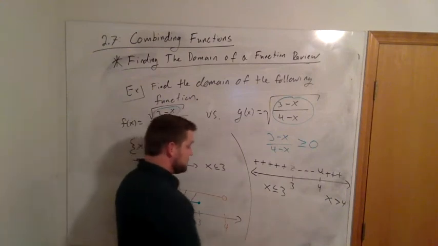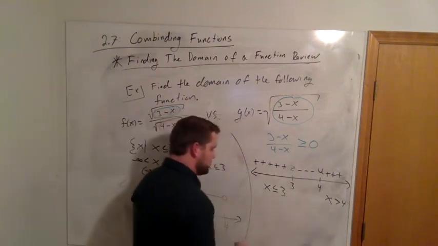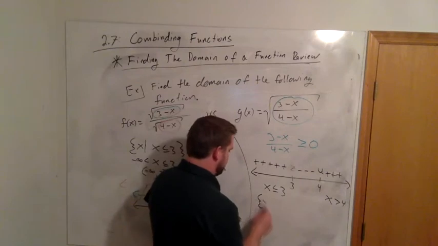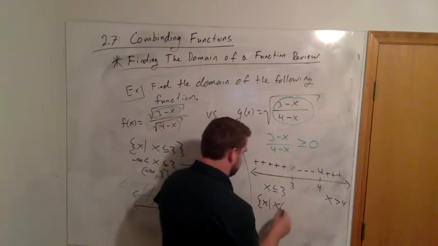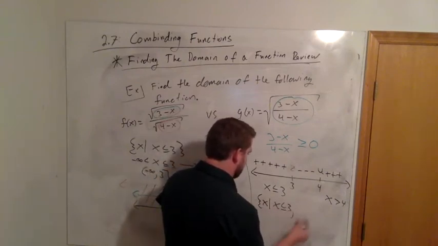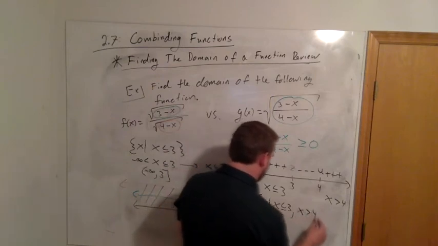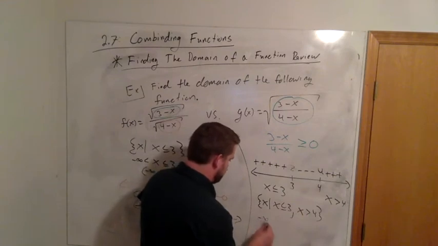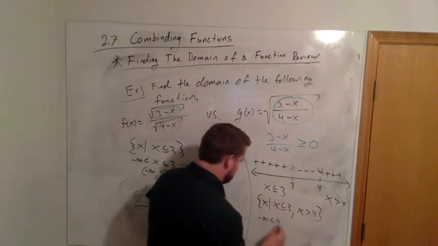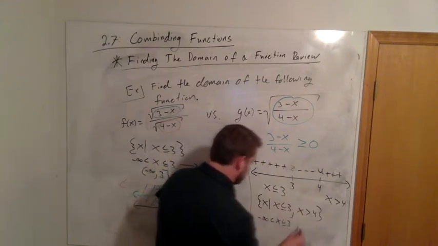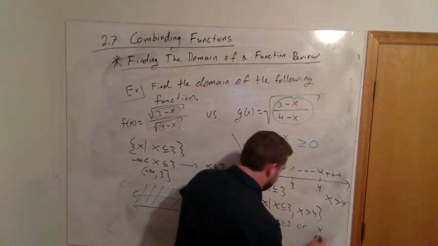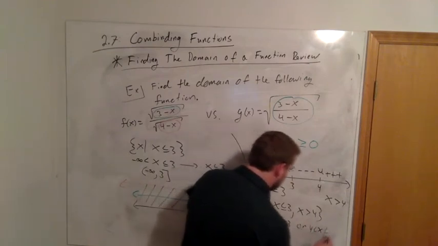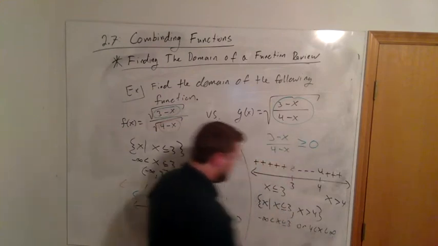So I can't write it as a compound inequality; I'd have to write this as all x such that x is less than or equal to 3, comma, x is greater than 4. You could also say that x needs to be between negative infinity and 3, or x needs to be between 4 and positive infinity, not including 4.